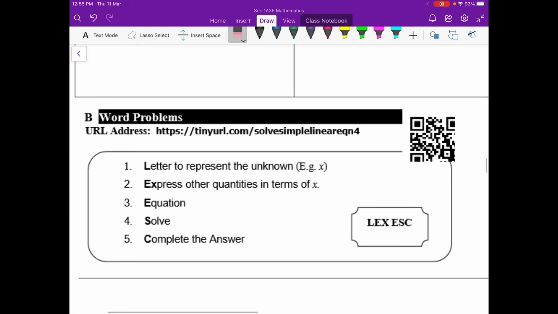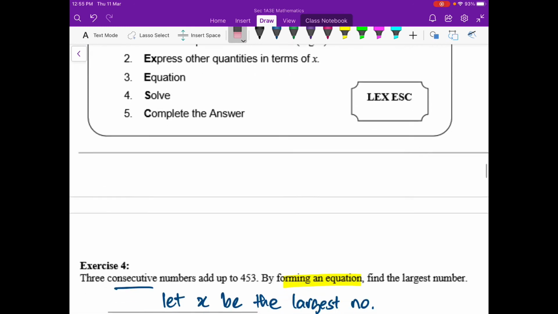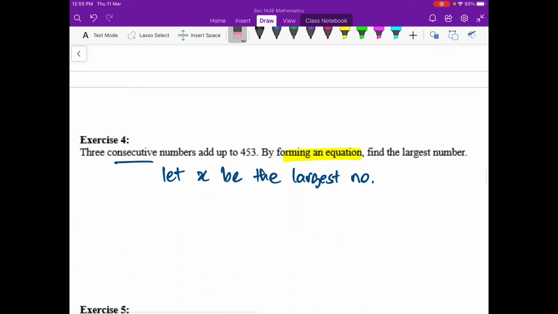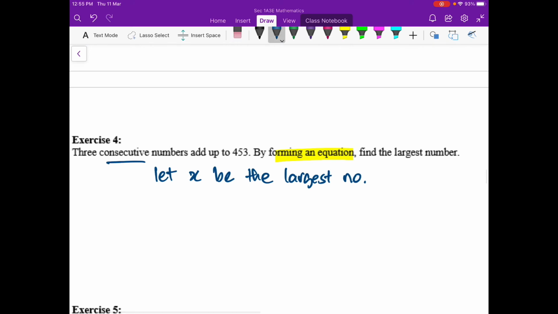Let x be the unknown. Then express the other quantities in terms of x. Now if x is the largest number, what is the number before it? What is the number before x? x minus 1. The other numbers are x minus 1. What is then the smallest number?